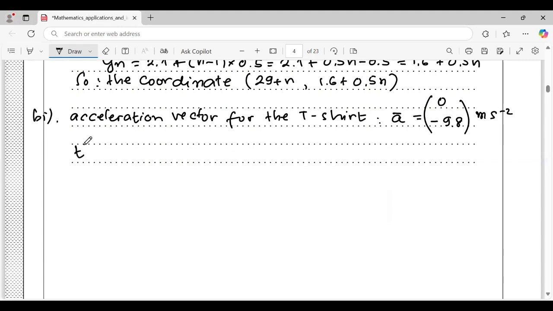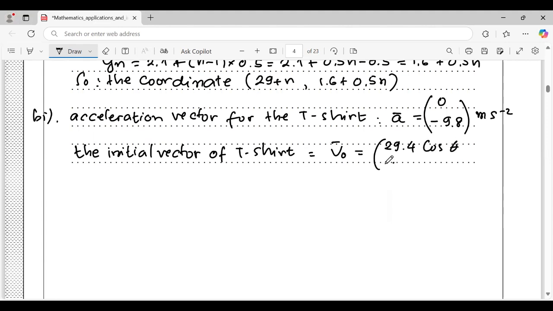And the initial velocity vector is V0, 29.4 cosine theta and 29.4 sine theta.